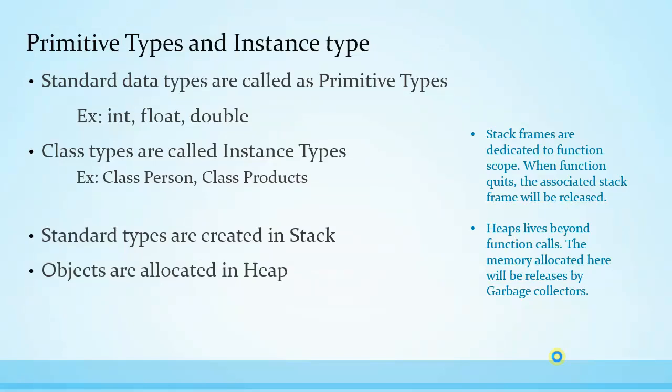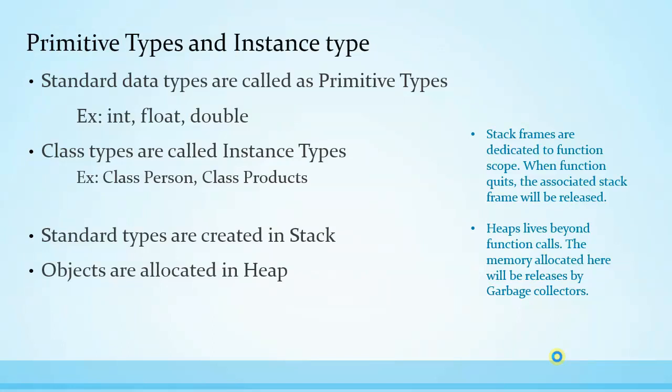Say for example, static void main calls function a. So once you are inside function a, you will end up with two stack frames. One is for static void main and another one is for function a. Since we said we are creating two variables, one int and another float inside the function a, these two variables get allocated in the stack, and they live till the end of the function.